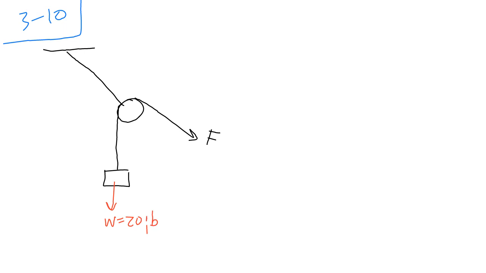And it's being hoisted up at a uniform velocity. So if the velocity is uniform, the acceleration is zero, so the system's in equilibrium. Okay, determine the angle theta, which is this here, for equilibrium and the force in the cord AB. This is A, C, and they're calling this D.